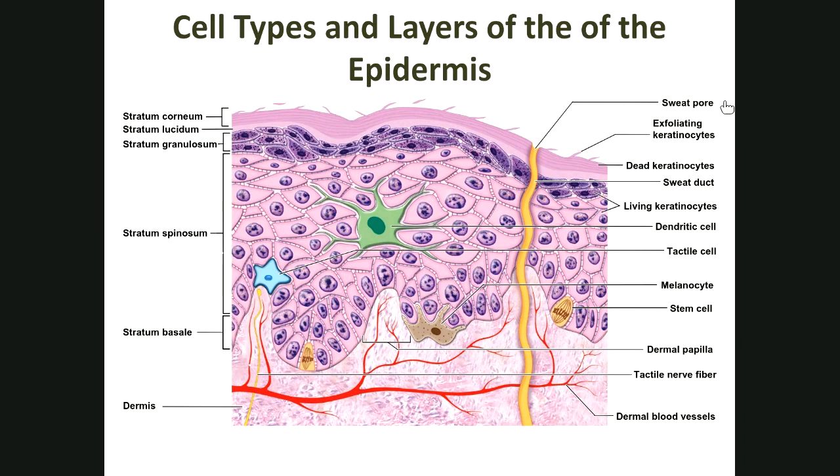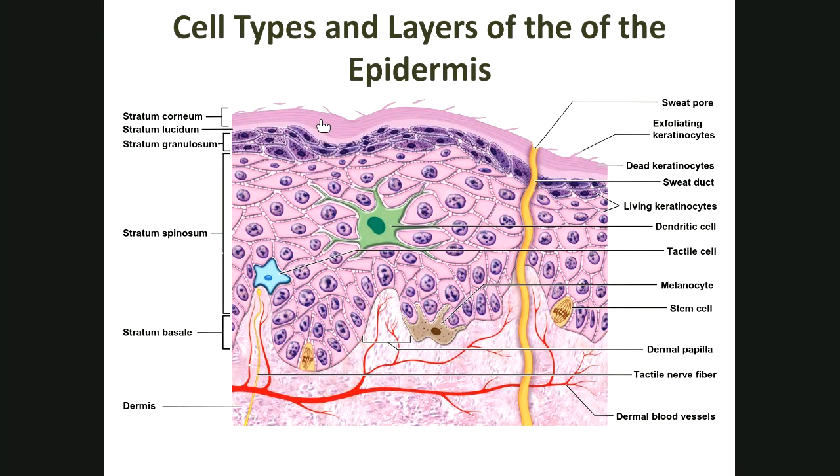And the last layer of epidermis is called a stratum corneum. This is the horn-like layer, and this is the most superficial layer which we have in our epidermis. And this is the part which we can see from the surface. In this layer, we have 20 to 30 layers of dead interlocking keratinized cells.